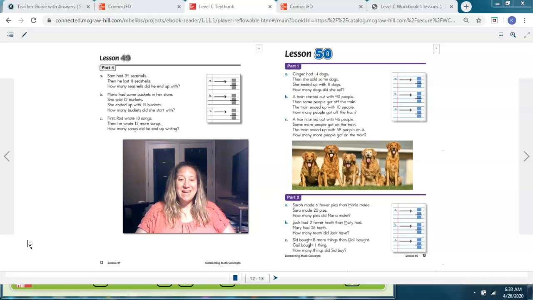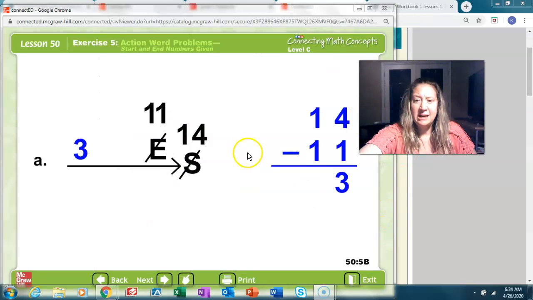Now you have a big number and a small number. What are you going to do to solve for the other small number? You're going to subtract. Write down your subtraction problem and work it. Look up here. Did you get 3 as your answer? Good job. Then you would put 3 as the first small number.